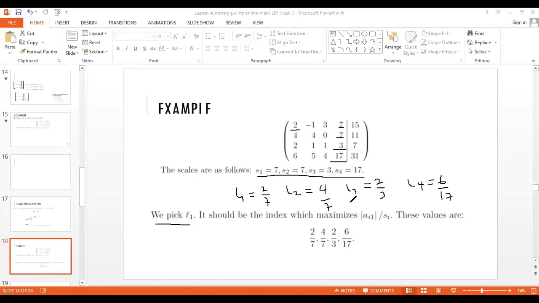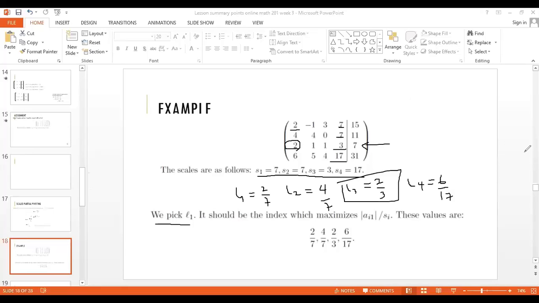Now we select the index which maximizes the Li, and obviously the fraction 2/3 is the biggest index, which means that row 3 will be the best option as the pivoting row, which implies that we're going to make use of this first element as the pivot. We also did mention that the computer didn't need to rearrange the rows, but we needed to rearrange for the purpose of understanding.